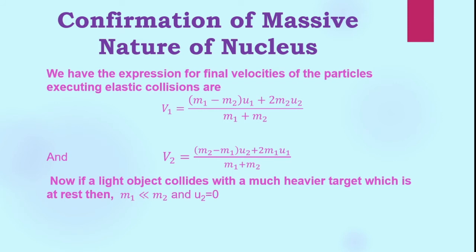Now, if a light object collides with a much heavier target which is at rest, then m1 is very much less than m2 and u2 is equal to 0, like the alpha particle and nucleus.